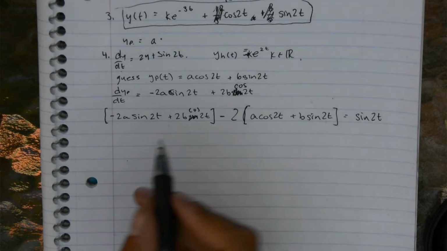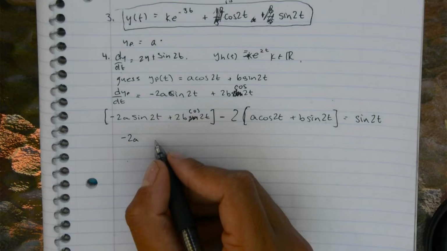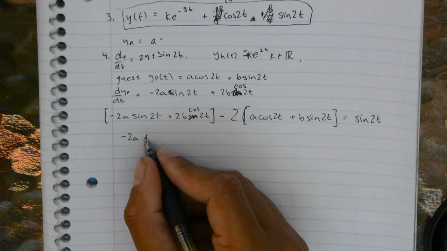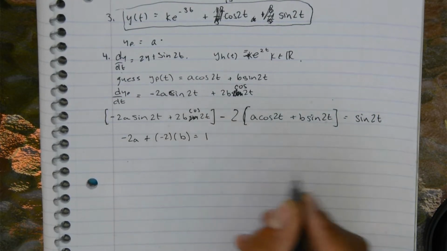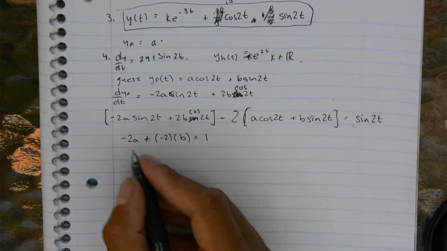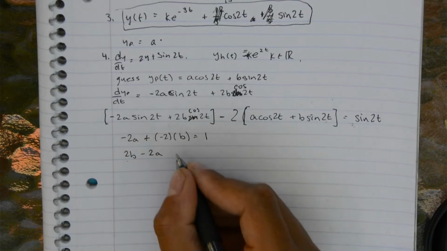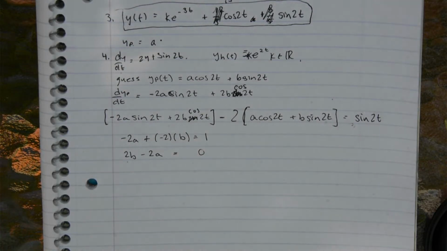So now we're going to get minus 2a plus minus 2 times b is equal to 1, and that's because there's a 1 here. Then we're going to get 2b minus 2a is equal to 0.